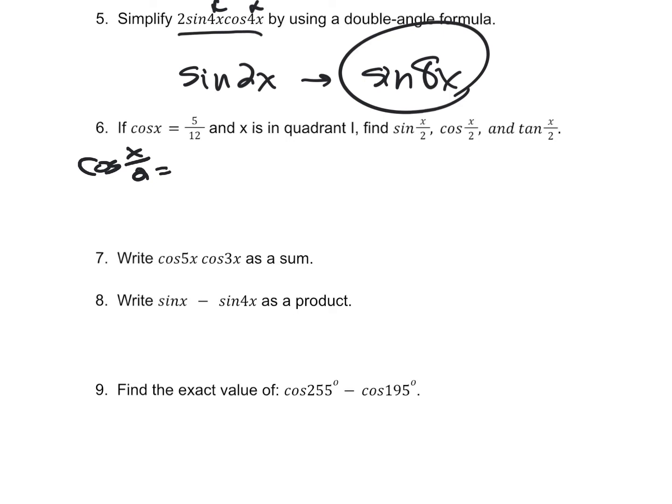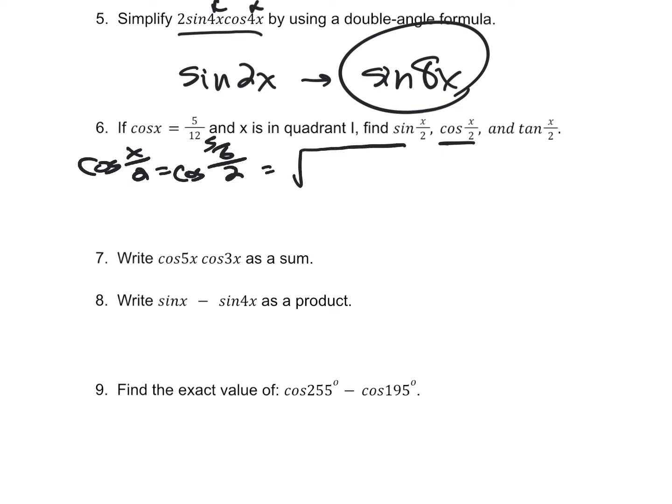So instead of doing 5/12, I'm going to do 5 pi over 6 over 2 because that's what 5 pi over 12 is. So I'm doing cosine of 5 pi over 6 over 2, and I'm using the double angle formula. I don't know why I picked cosine first. I guess I'm going cosine. So I'm going, if it's in quadrant 1, it's positive.